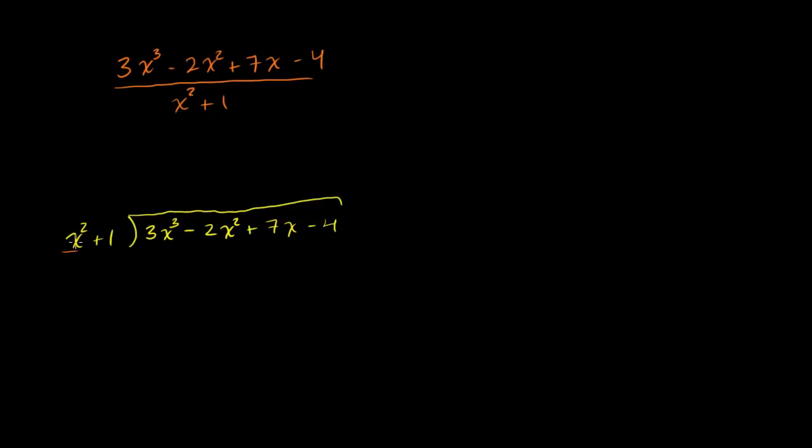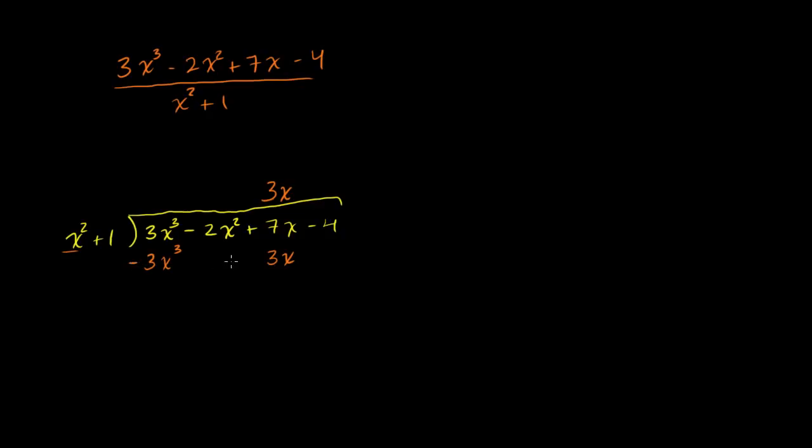You multiply 3x times this, you get 3x to the third. So we have to write the 3x over here in the x place. Now let's multiply. 3x times x squared is 3x to the third, right? 3x times x squared plus 3x times 1. So we have a 3x. Over here, I'm making sure to put it in the x place.